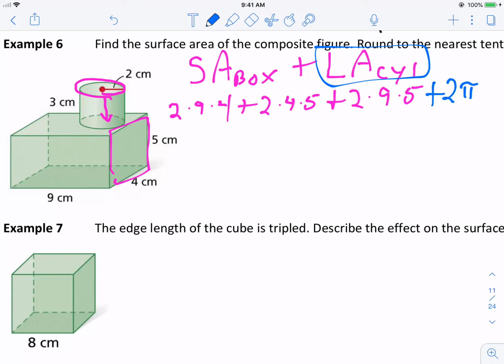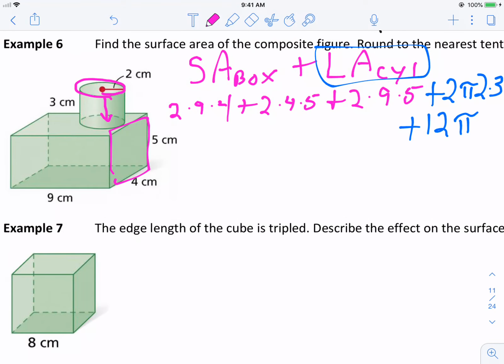We have a radius of 2, and the height is 3 centimeters. Okay. So let's just take care of that part while we're here. 3 times 2 is 6, times 2 is 12, so we have 12 pi. We do know that for our final answer we want to round to the nearest tenth, but for right now, let's just leave that in terms of pi.